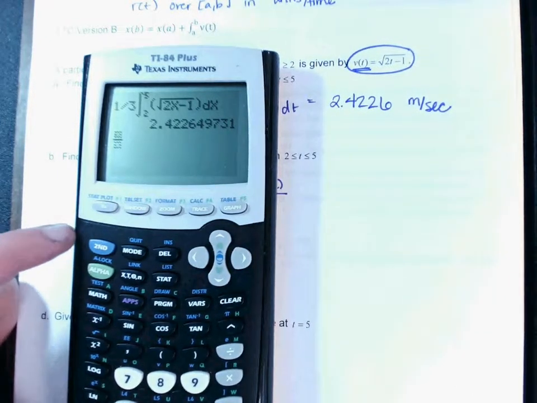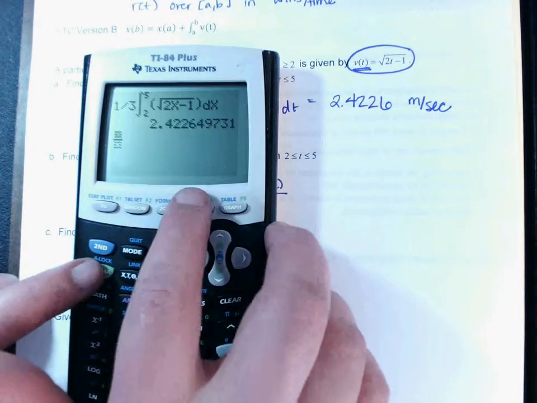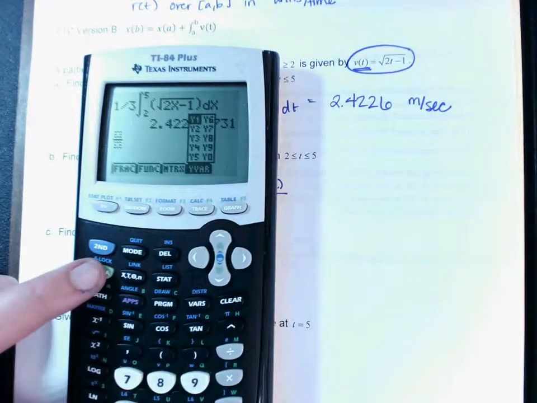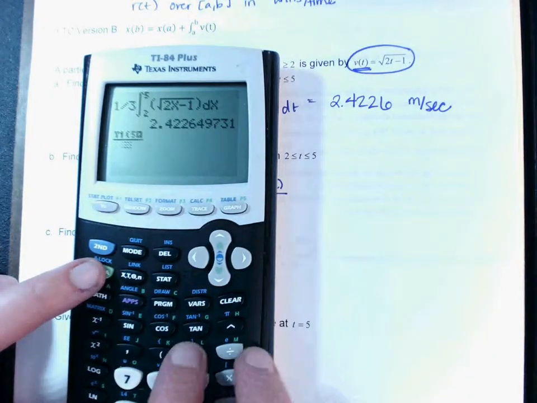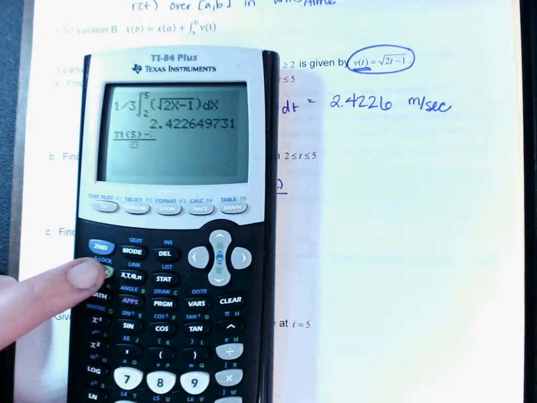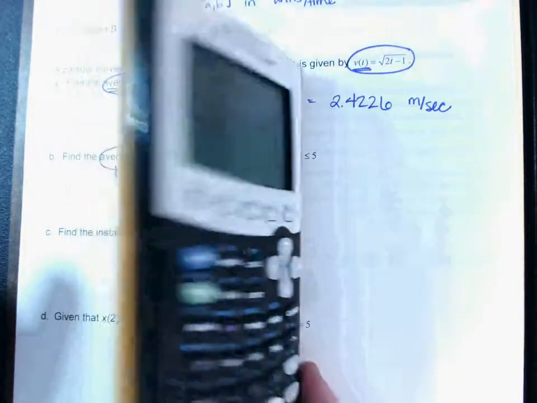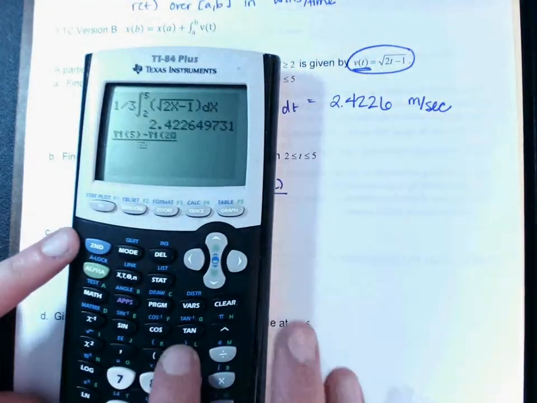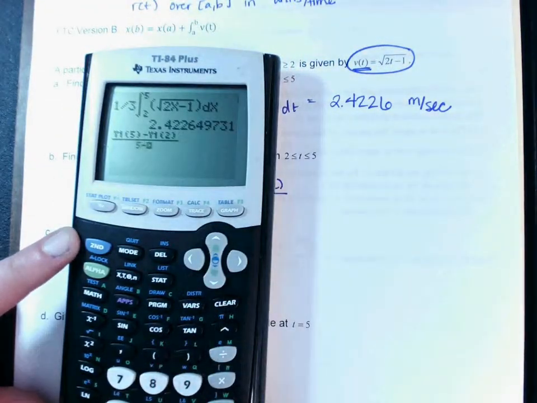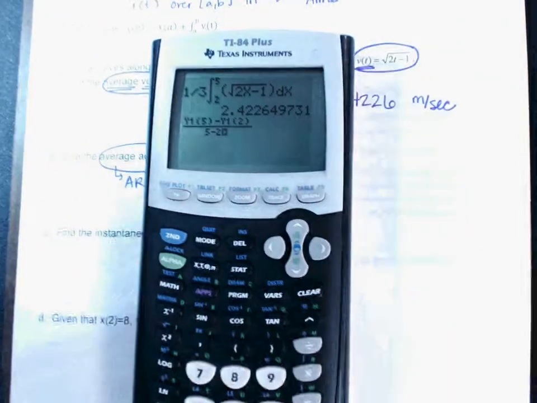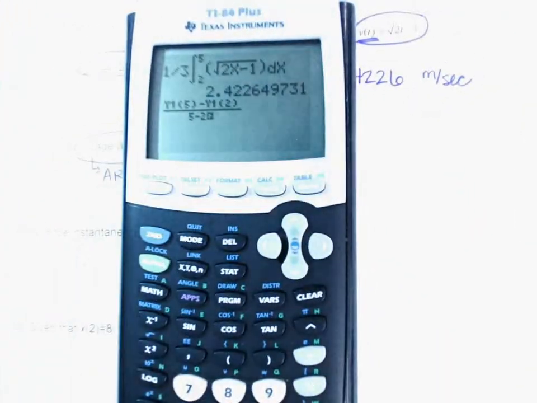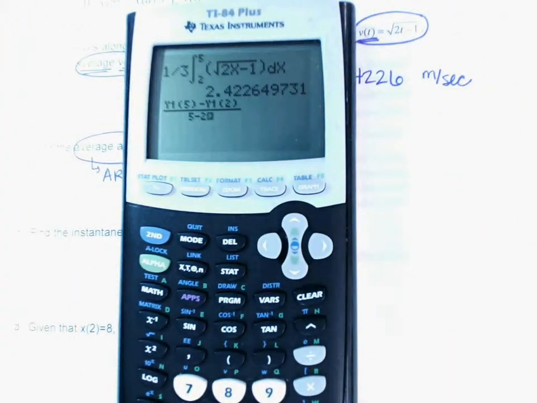That pulls your fraction up. Then for your shortcut, you're going to do alpha trace y1 of 5 minus alpha trace y1 of 2, and then over 5 minus 2. Okay, so remember, all that kind of stuff is going to save you time, especially on the calculator parts. So we got 0.4226.